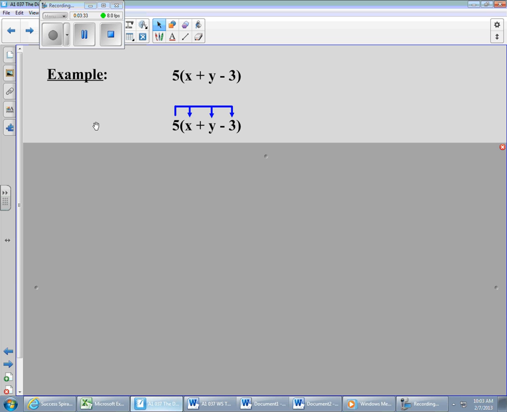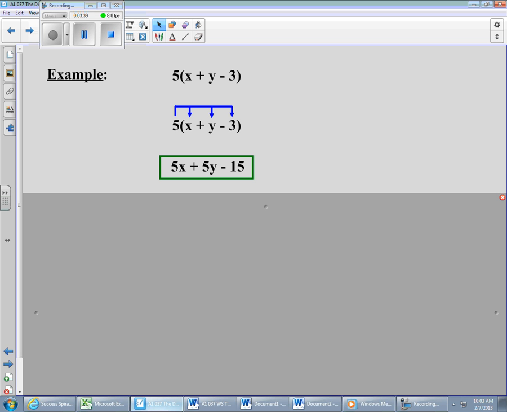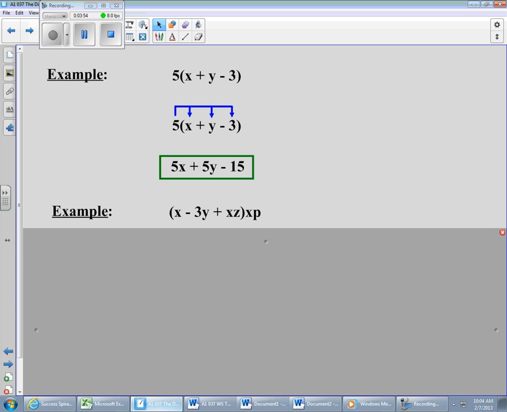Negative 15, right? Because with multiplication and division, if the signs are different from each other, the answer's always negative. So there you go. 5x, positive 5y, negative 15. That's the distributive property, plain and simple. This is nothing new, just an extra step added into the rules and the laws that we've looked at for the last couple of days.